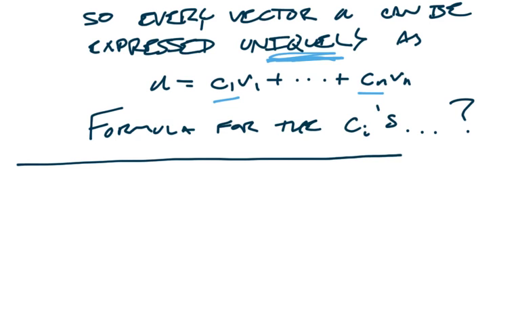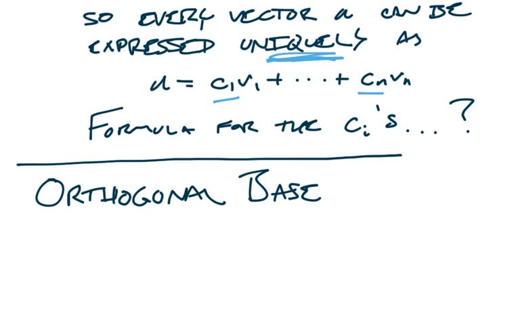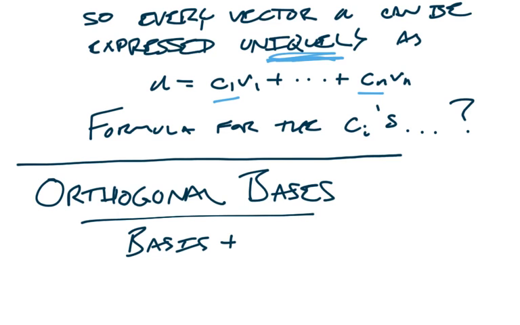So then the question becomes, how do we make this more efficient? And one way that we can make this more efficient is what we did last time. We can look at orthogonal bases. The idea here is that it's not only a basis, but a basis plus pairwise orthogonality.